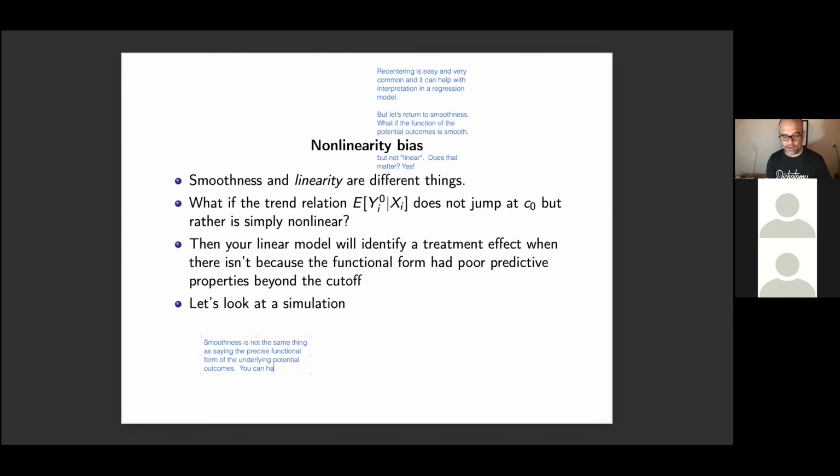You can have data that is linear and smooth. You can have data that is nonlinear and smooth. But if you use the wrong model, you may get biased estimates of the treatment effect. All right. You may get wrong estimates of the treatment effect.